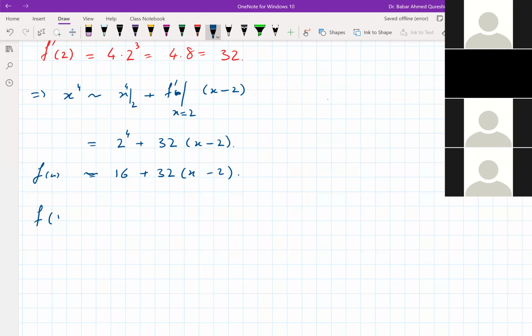So I needed this value, which I can find by a simple calculation. So this is minus 0.001.